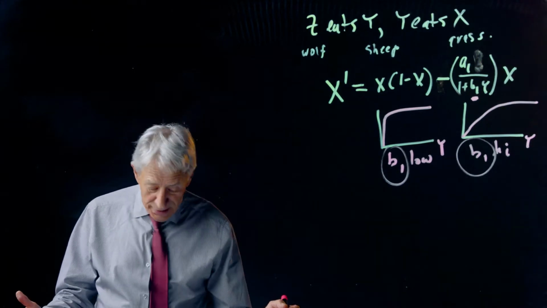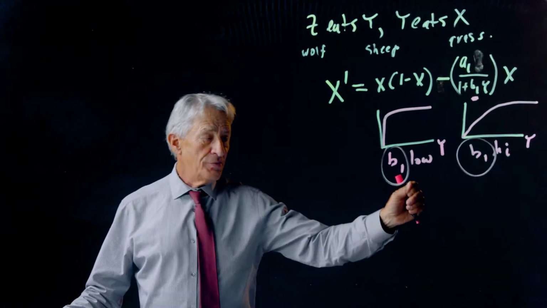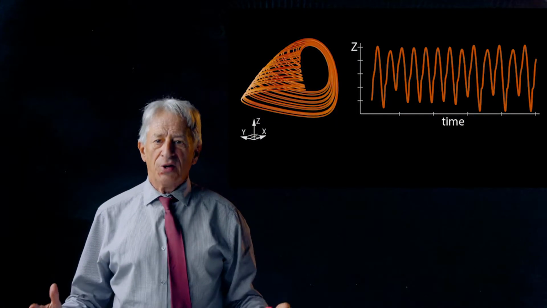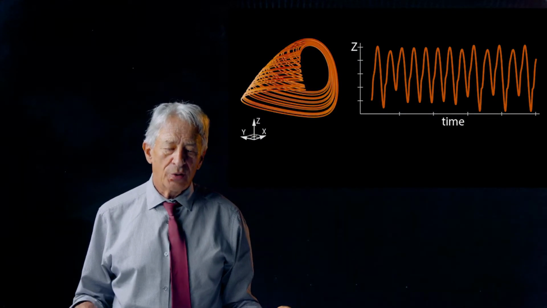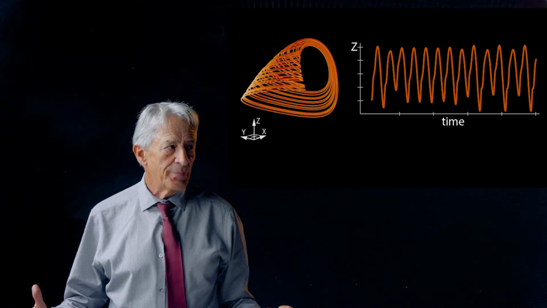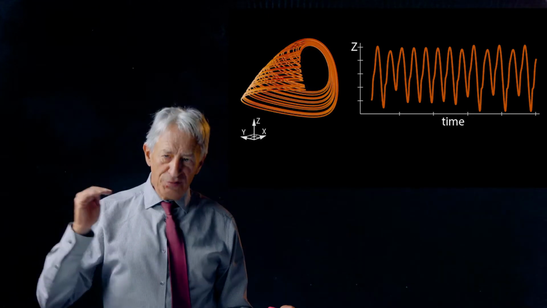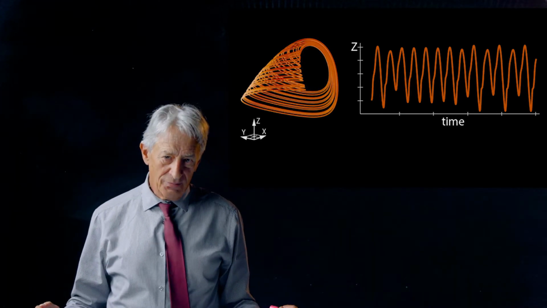And then finally, as we increase B1 even further, the system undergoes a bifurcation to chaotic behavior. So there is a route to chaos in the food chain model.